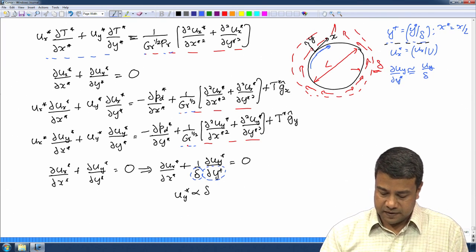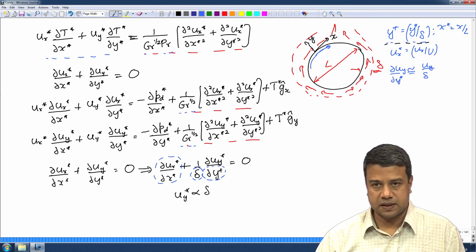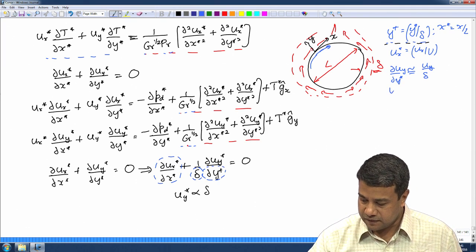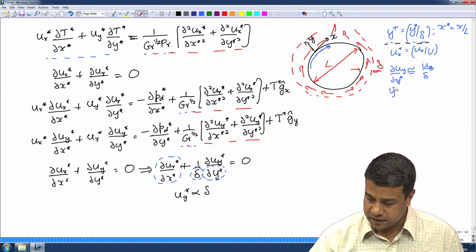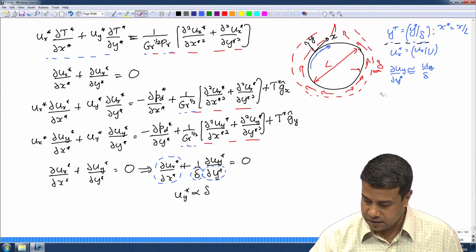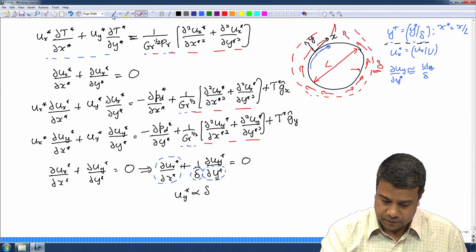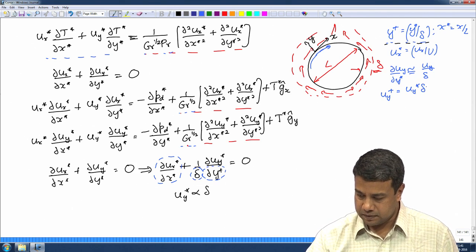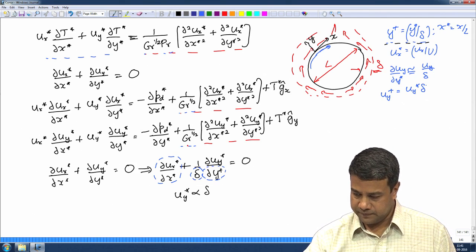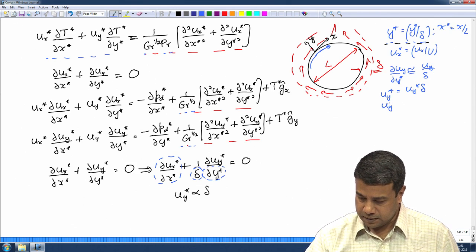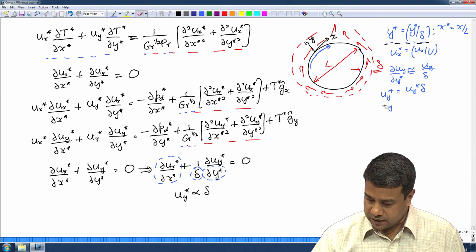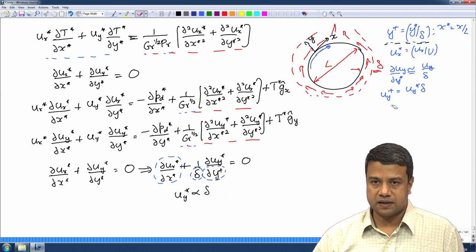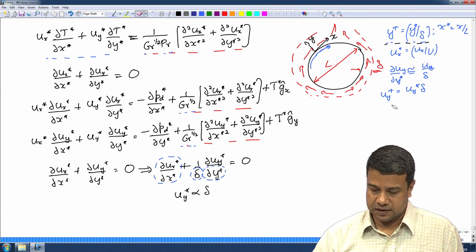And if this has to be of the same magnitude as partial ux by partial x, which is of order 1, that means that I have to define a cross stream velocity scaled by delta. Therefore, the cross stream velocity has to be order delta smaller than the streamwise velocity.